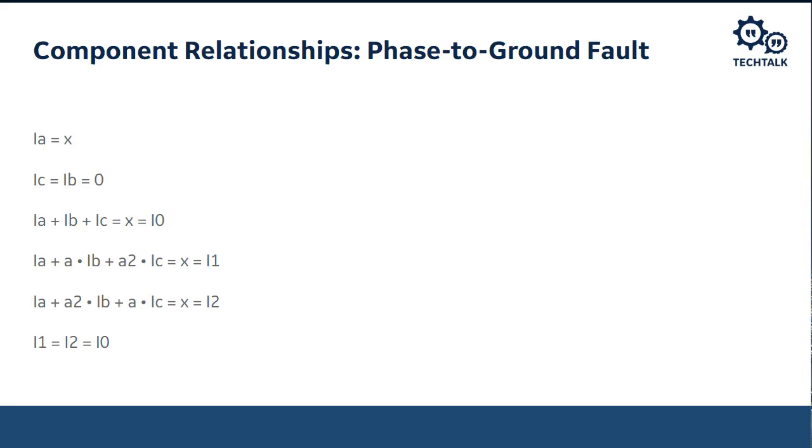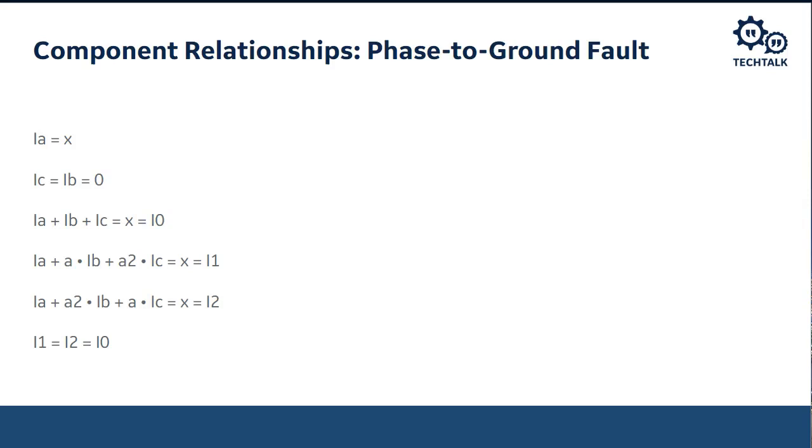We're trying to derive the networks, right? So IA is non-zero, IC and IB are zero. If I sum the three together vectorially, IB and IC are zero, IA equals X, which means I0 equals X.